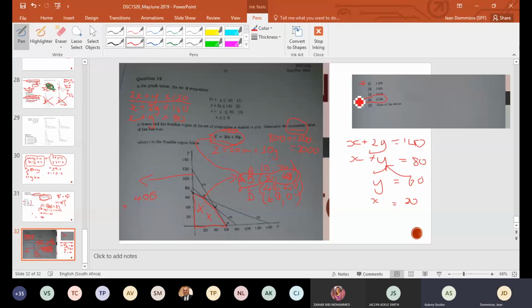So you would have used point D. You would have put in the 60, so 60 times 20 would have given you 1,200, and the 0 times y would have given you 0. So it's just a matter of which coordinate to use there.